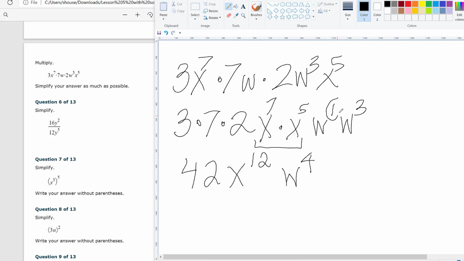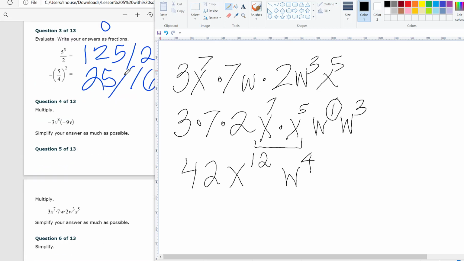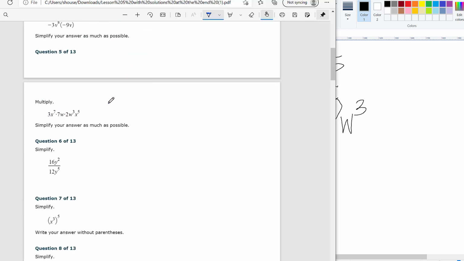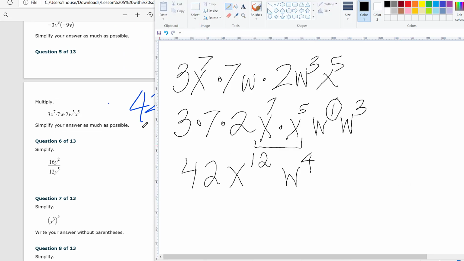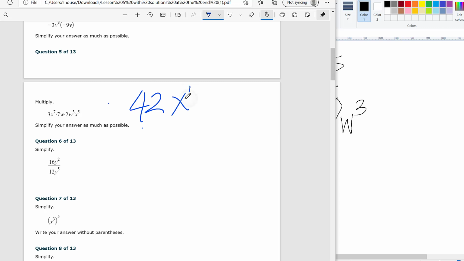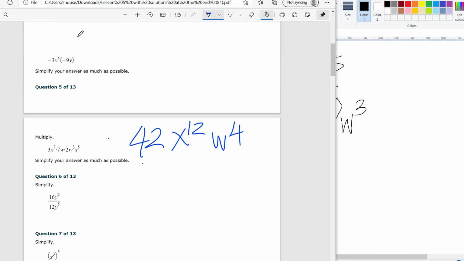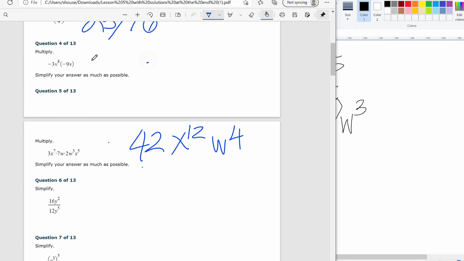Because remember, if there's no exponent, it's implied to be a 1. So this one is 42 x to the 12th, w to the 4th. And I forgot to write this one, so I'm going to go back up here. This is 27 v to the 9th.